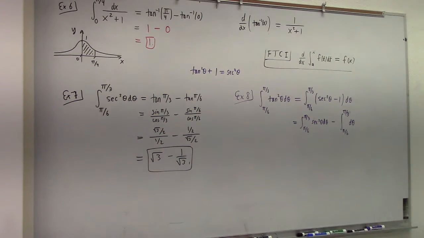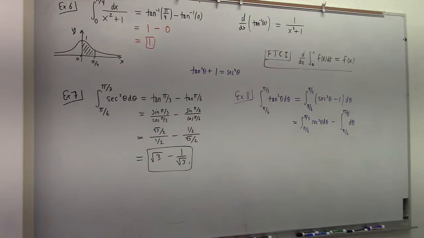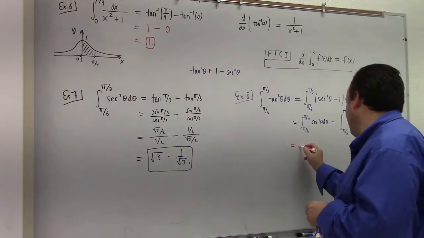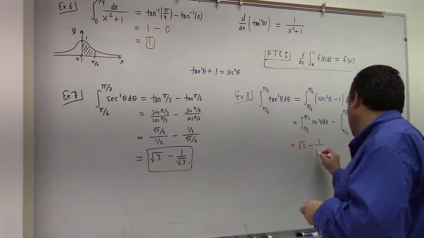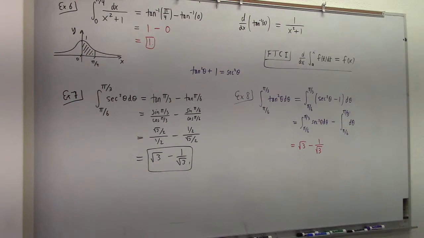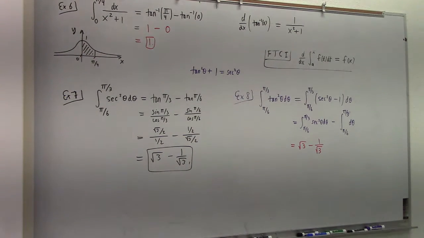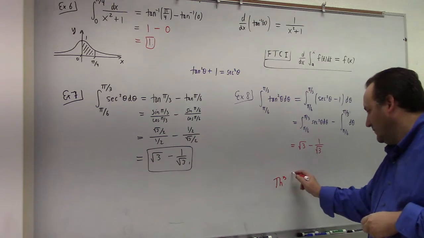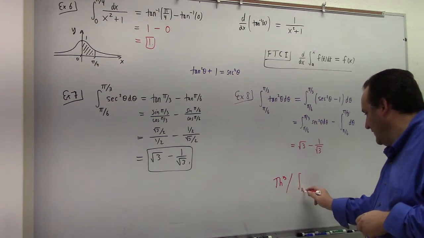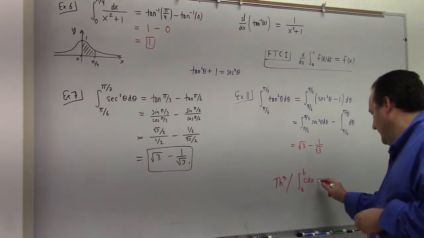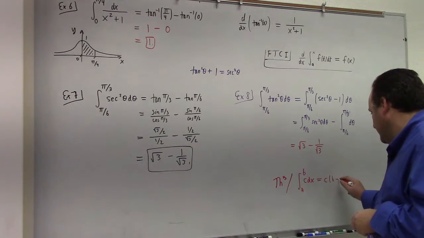Now, we just calculated the first one in the previous example. We already know that that first integral works out to root 3 minus 1 over root 3. A theorem that you should be aware of and is good to know: if you're integrating from a to b of a constant times dx, the answer is just the constant times b minus a.